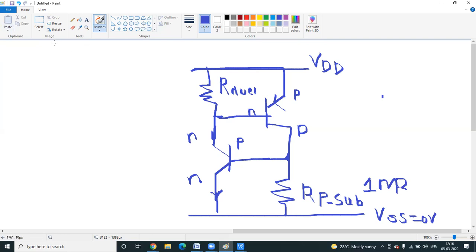So what is the BJT condition? If VBE is less than 0.7, that is called the cutoff region. If the base-emitter voltage is greater than 0.7, for silicon, generally 0.7, and for germanium 0.3, then it will act as active or saturated.